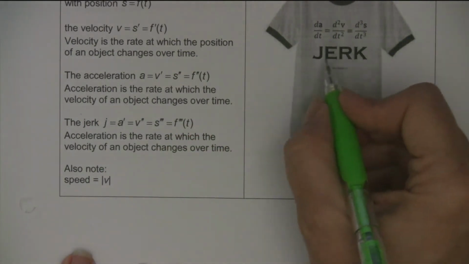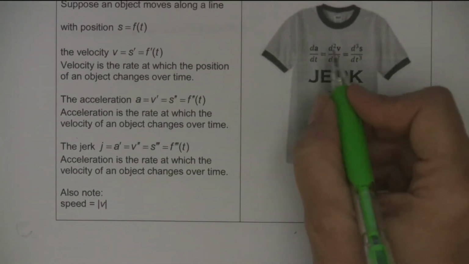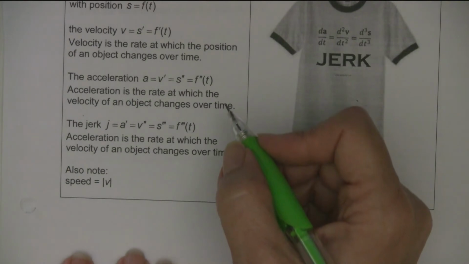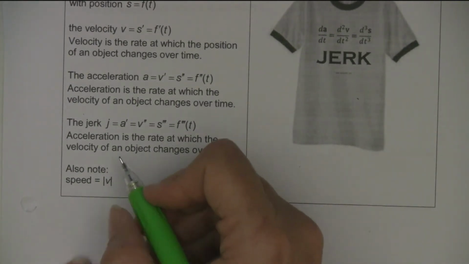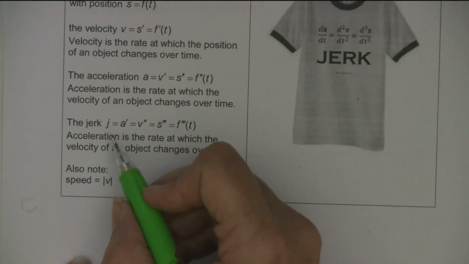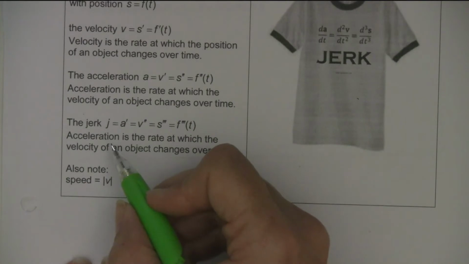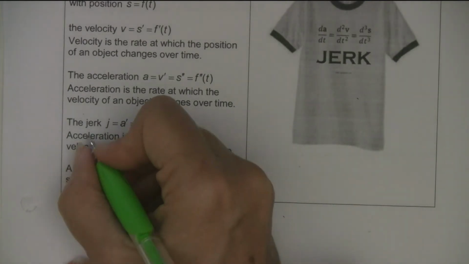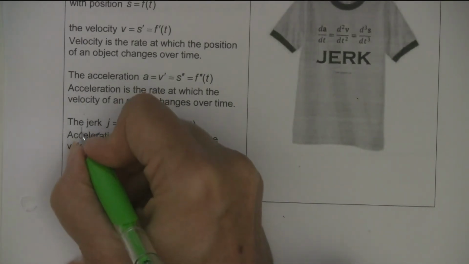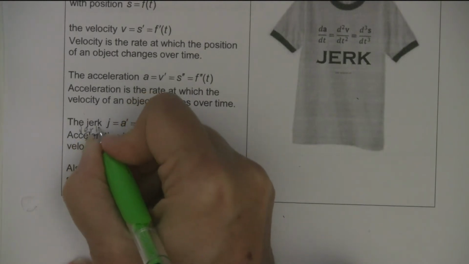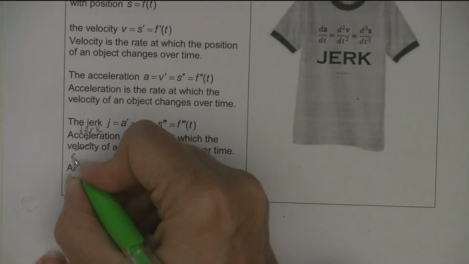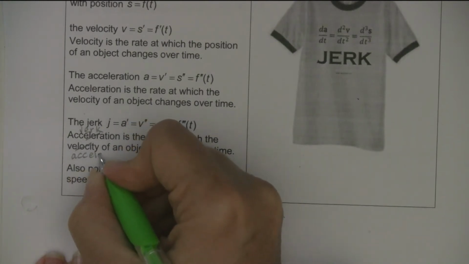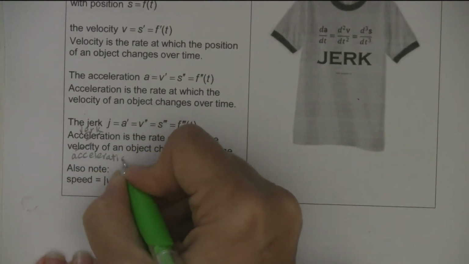And so here's this funny T-shirt, right, talking about the jerk, and so the jerk is the derivative of the acceleration. Acceleration is, this is a typo. Jerk is the rate at which the acceleration. I had some typos there that I haven't noticed.